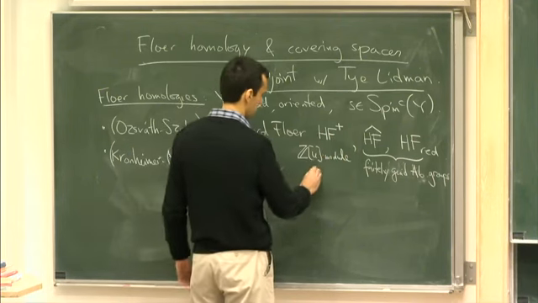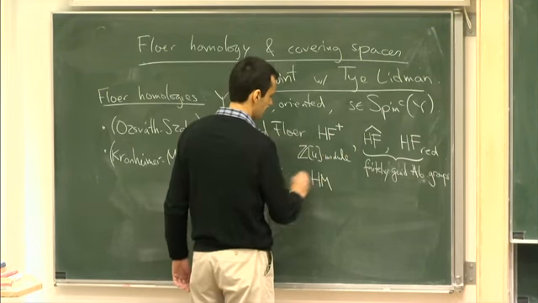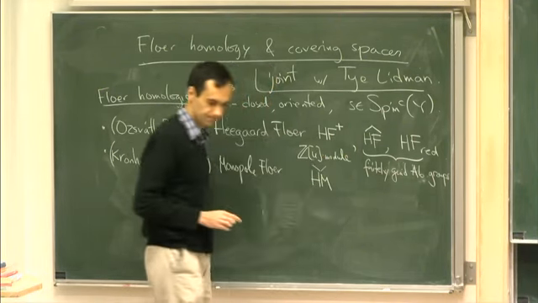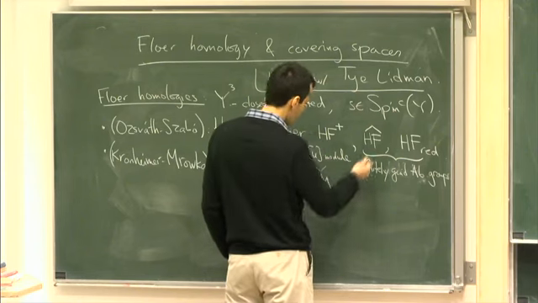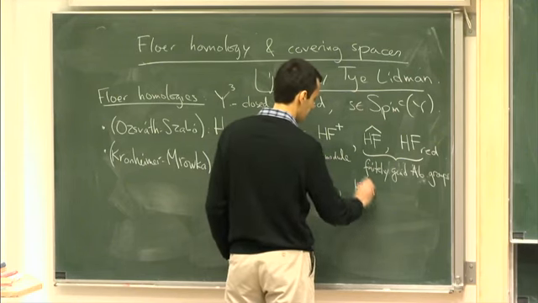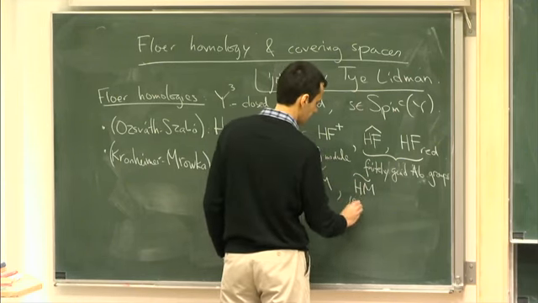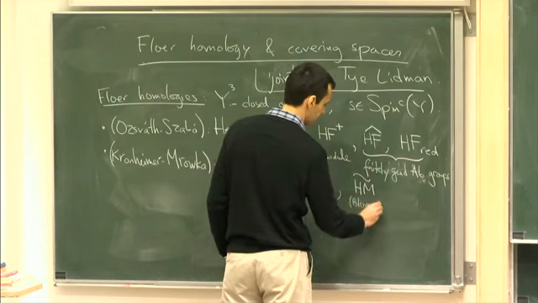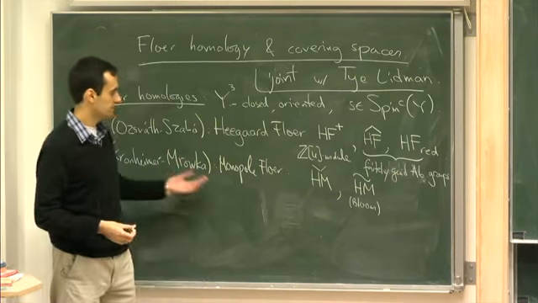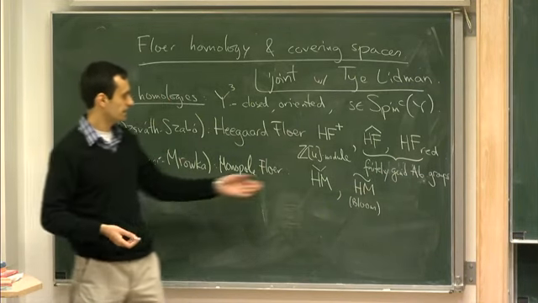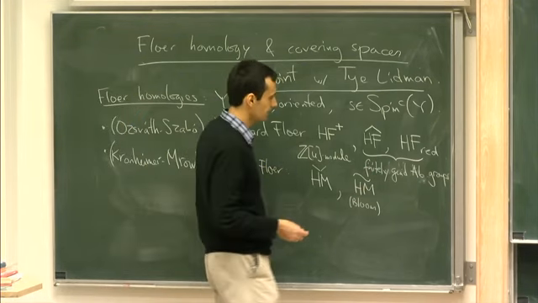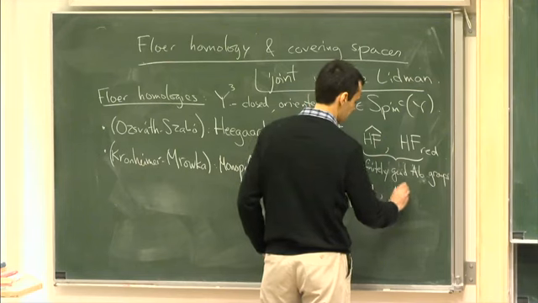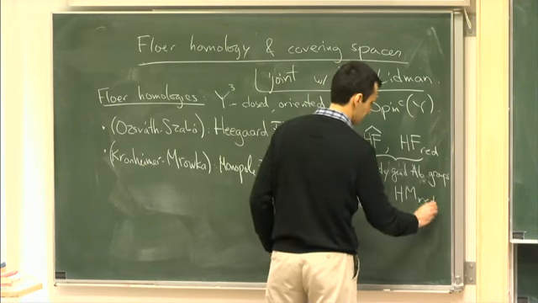So instead of HF plus, we have a version called HM bar, and instead of HF hat, we have a version called HM tilde. This was actually defined by Bloom, but it's just, again, taking the cone of the U map at the chain level on HM bar, and then you can have a reduced version, HM red, if you want.